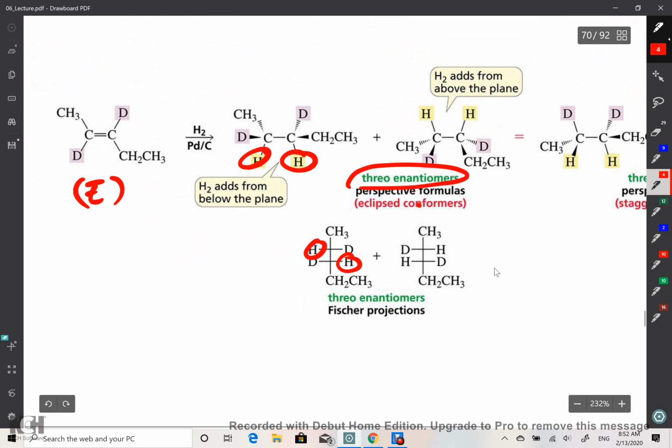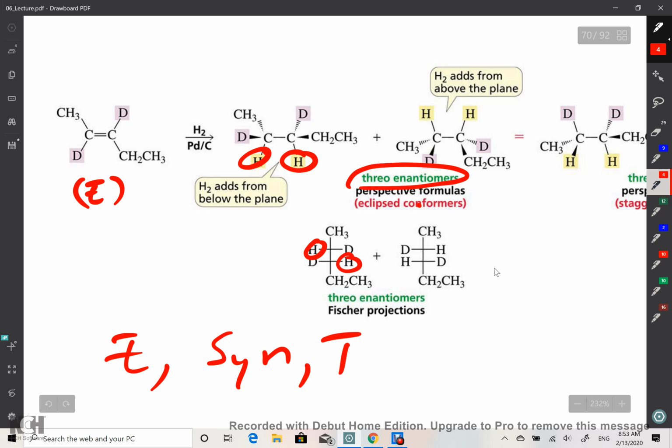So what I want you guys to remember here is the E isomer, if it performs a syn addition, it will lead to the formation of a threo product. Does that make sense? The E isomer performs a syn addition to give you a threo product.